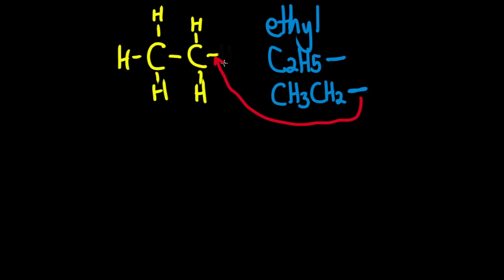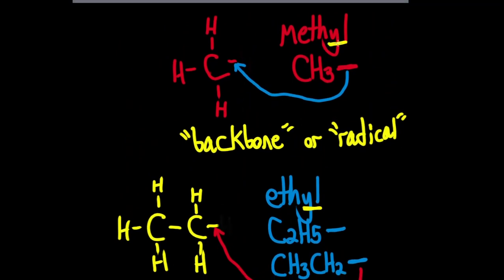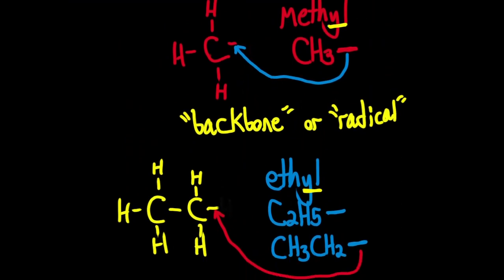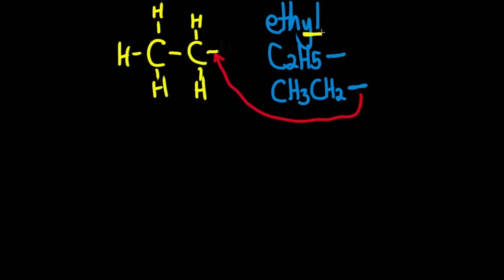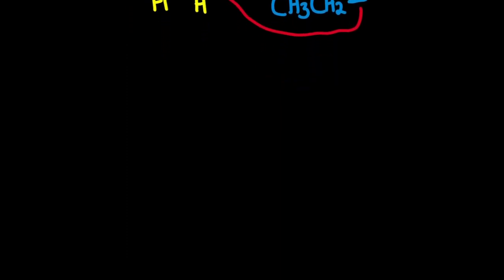All right, so we can use this same naming logic for all of the other alkanes, where we're going to maintain the prefix but change -ane into -yl when we remove the hydrogen. Okay, so notice, back up to methyl, we went from methane to methyl. Down here we went from ethane to ethyl. Okay, now the naming of alkene radicals is going to be a bit different.